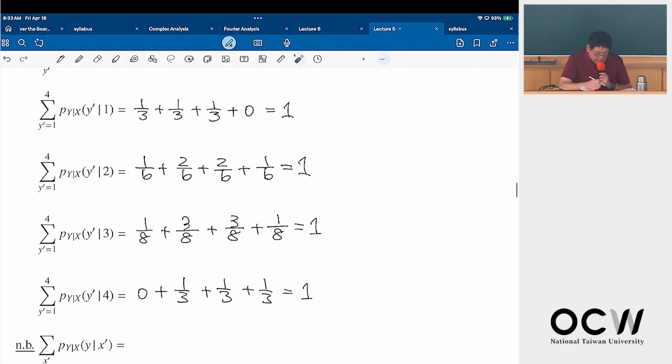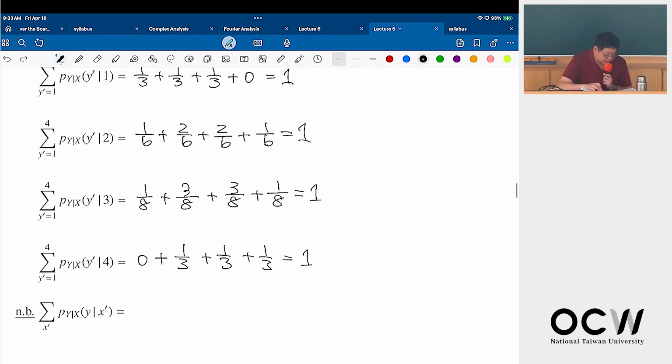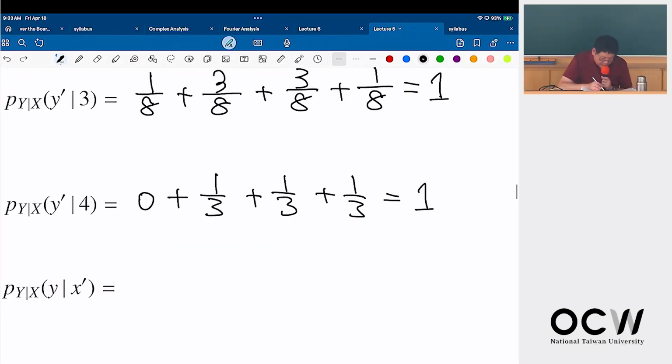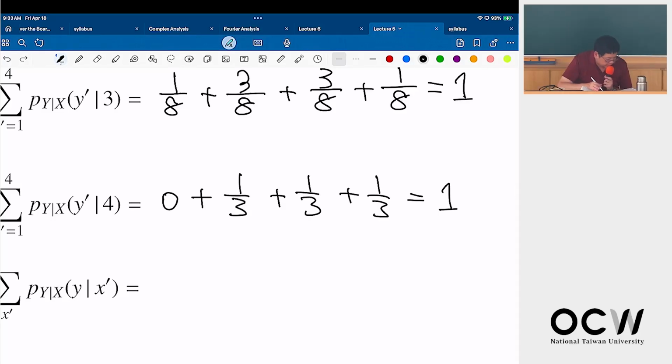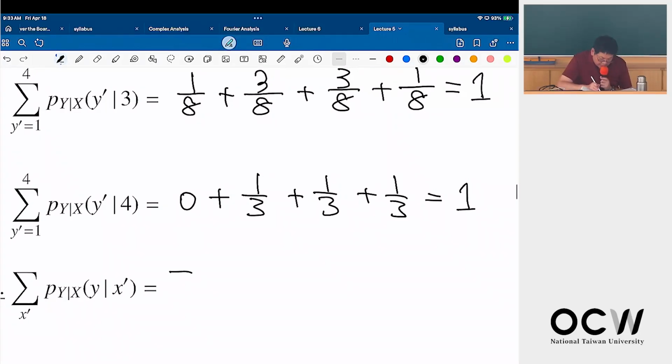In this case, still the conditional PMF y given x. But if I do the summation for x, in this example, x is from 1 to 4.